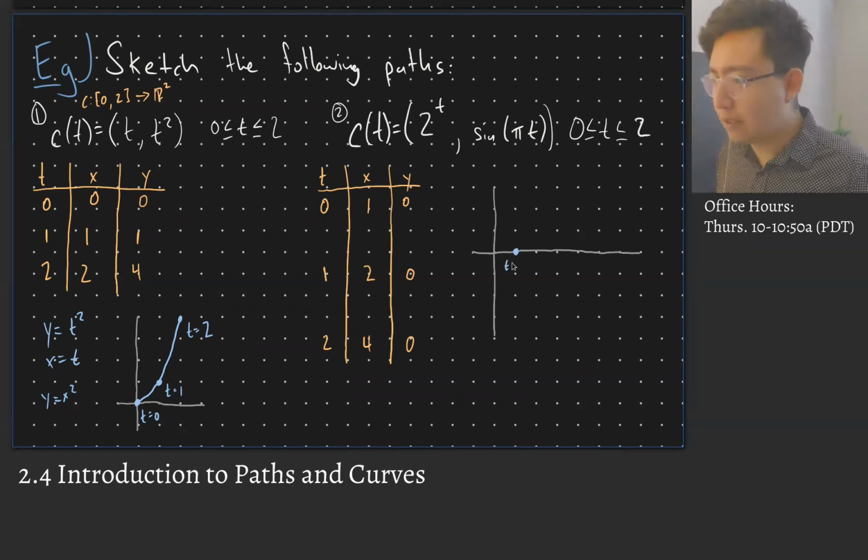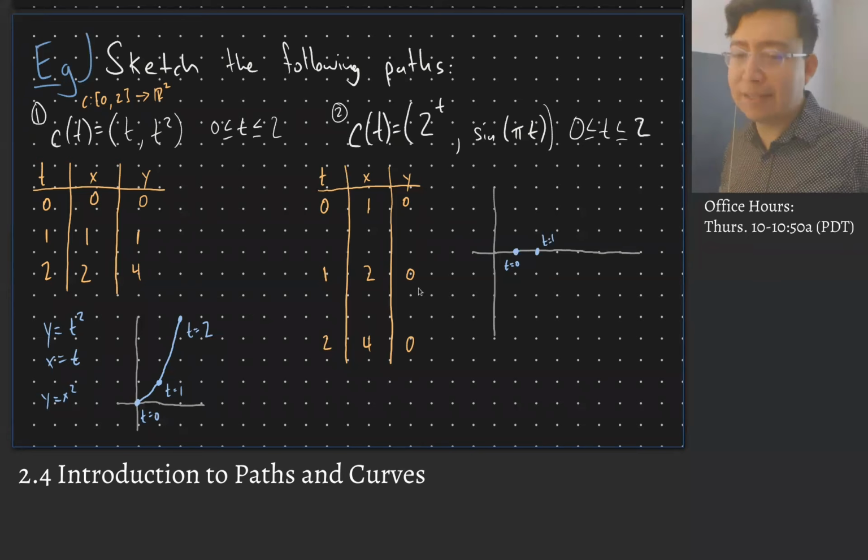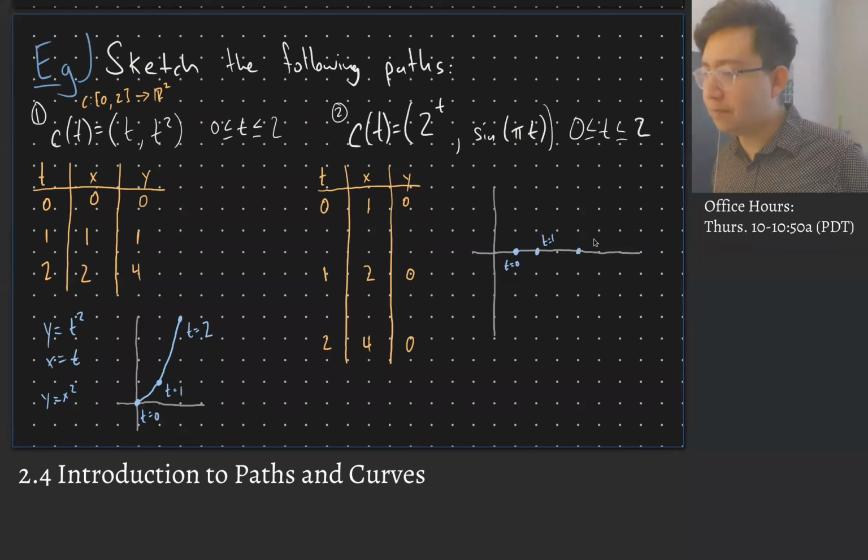This is t equals 0. And this is t equals 1, at 2, 0. And then at t equals 2, we're at 4, 0.